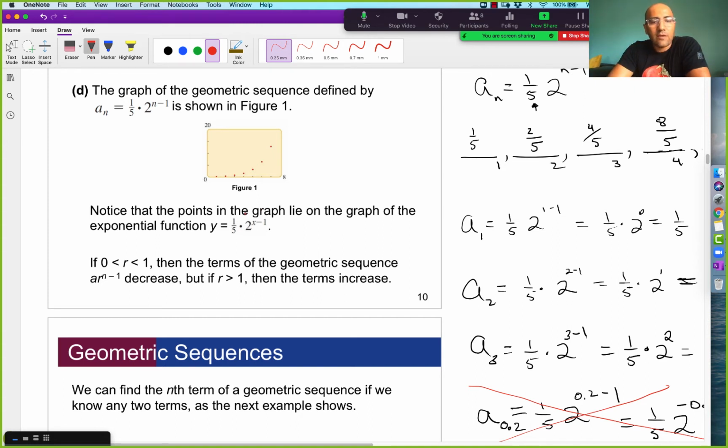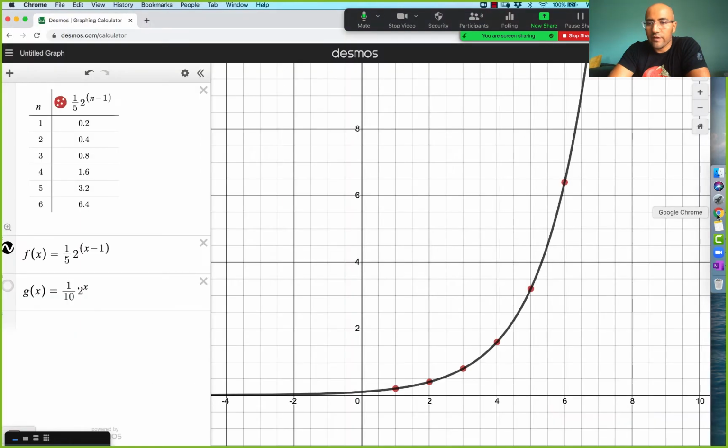Good. And so the continuous function is an exponential function, which we studied in the past, and we know that whenever the value here, r in our case, is bigger than 1, the graph is going to grow in this direction, and whenever r is between 0 and 1, it comes down in the other direction. It decreases. Let's confirm that over here again.